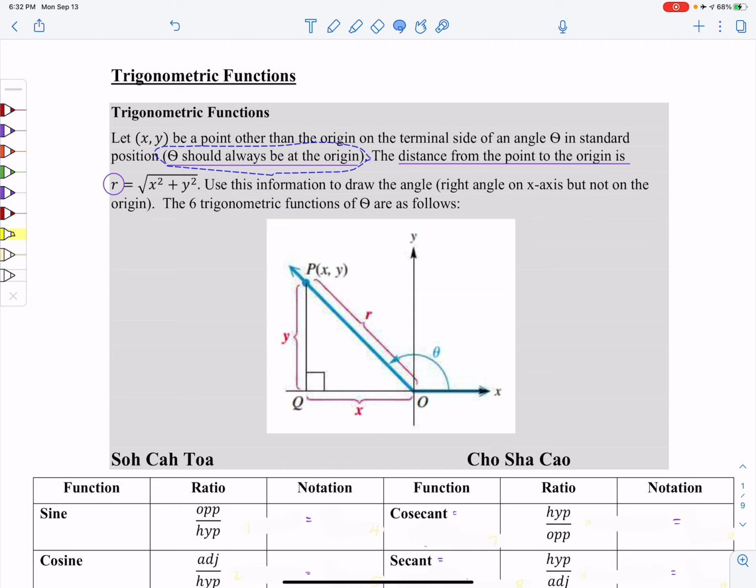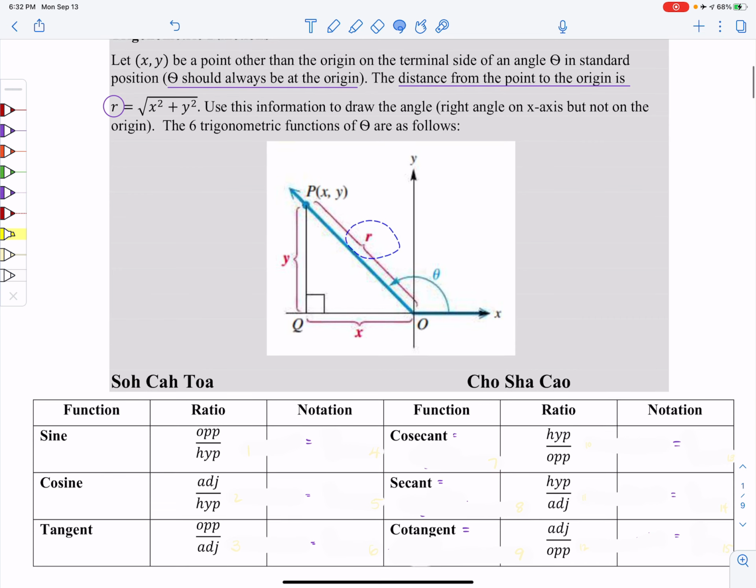The distance from the point to the origin is going to be called our radius. That makes sense, because as we rotate that initial side, it forms a circle, so that's a radius. You can notice on my picture there, we call that r. My x value is along the x-axis, my y value is along the y-axis.